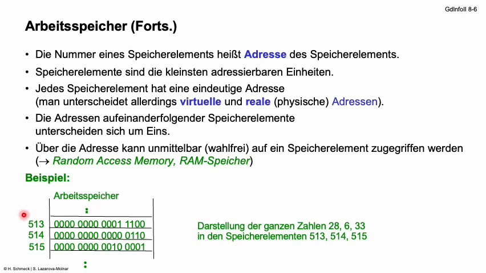Here we can see the addresses 513, 514, 515, and in each address we have 16 bits. We have three numbers that are represented in these consecutive memory cells: 28, 6, and 33.